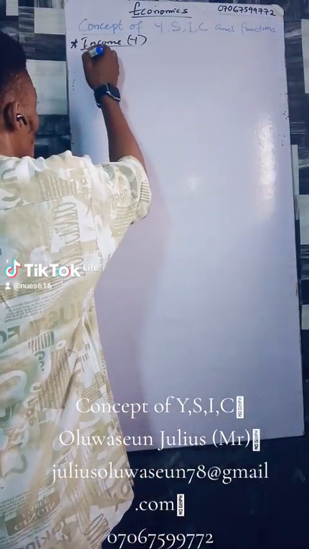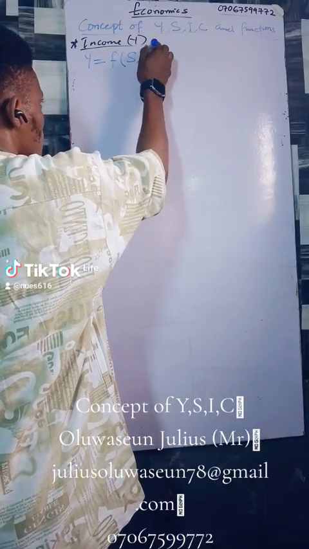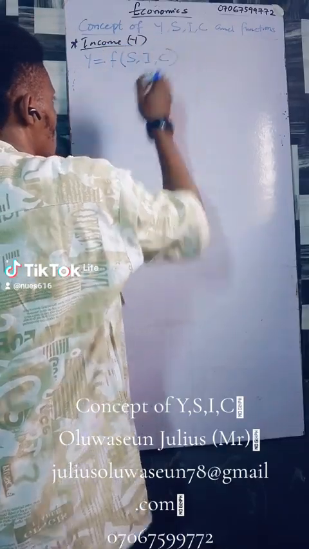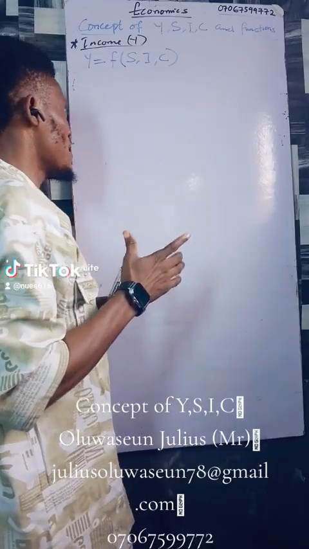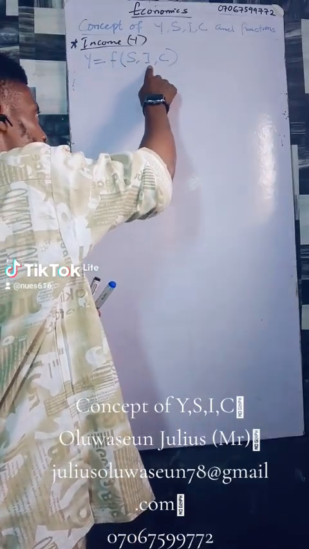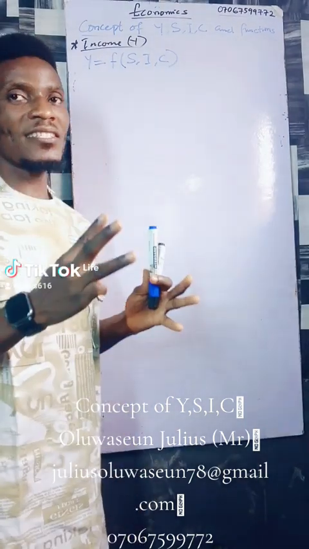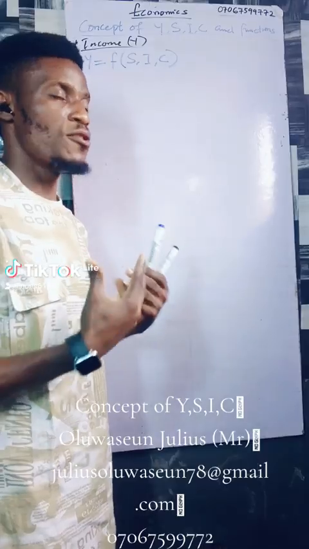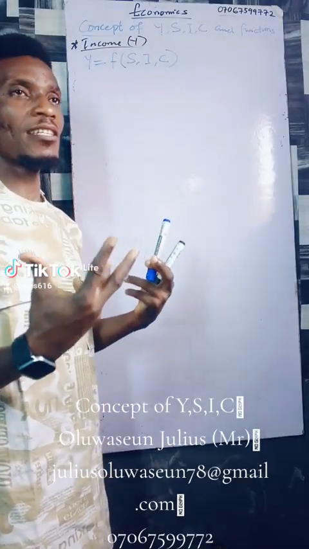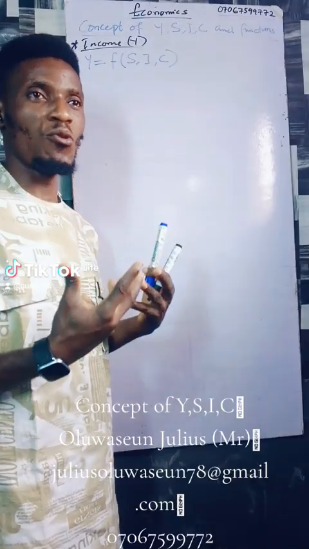We have Y is equal to a function of S, I, C. The interpretation of this write-up is that our income is a function of savings, investment, and consumption. These are three major things that you can do with your income. When you earn your income, maybe you are a civil servant or a laborer who works for 30 days, you are entitled to salary.